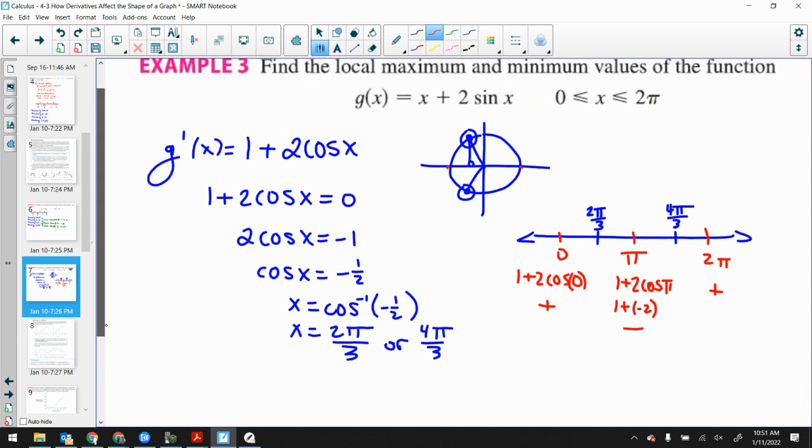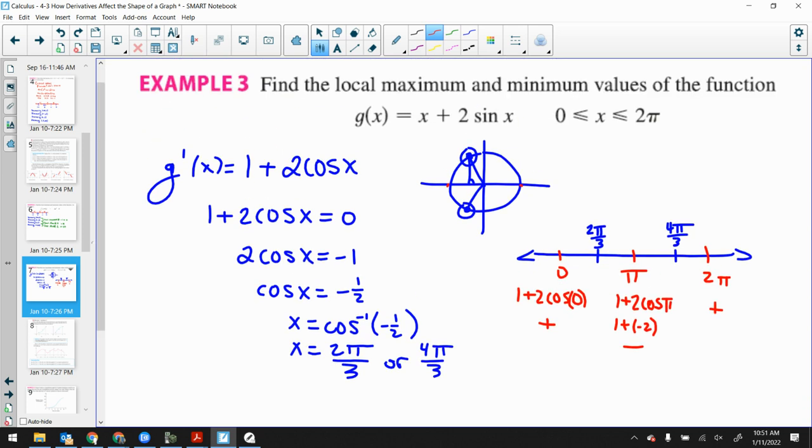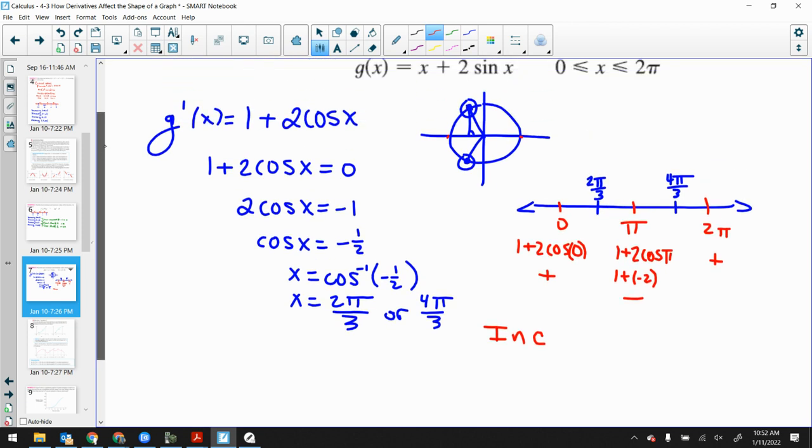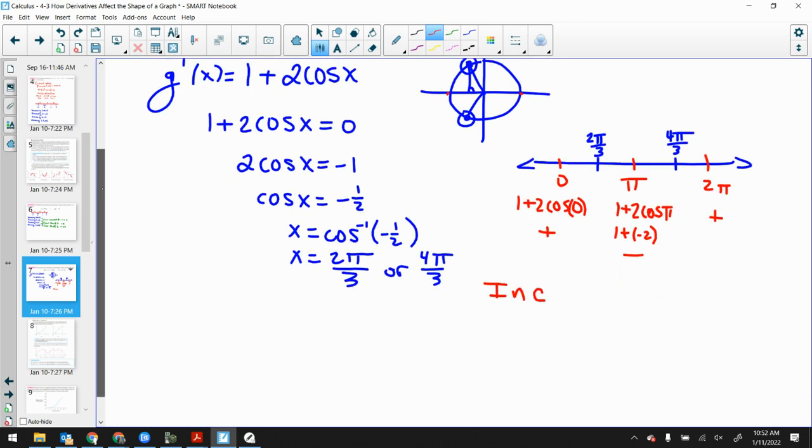Now, it didn't ask me where it's increasing or where it's decreasing. I don't have to define those intervals. I guess we should go through the motions and say, well, it's increasing on our interval from 0 to 2 pi over 3.